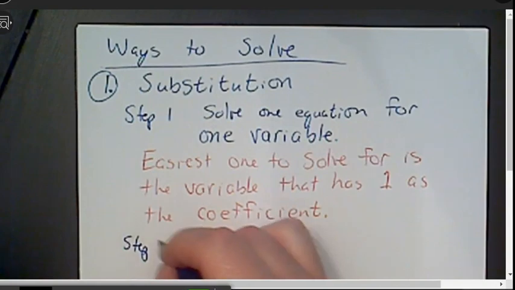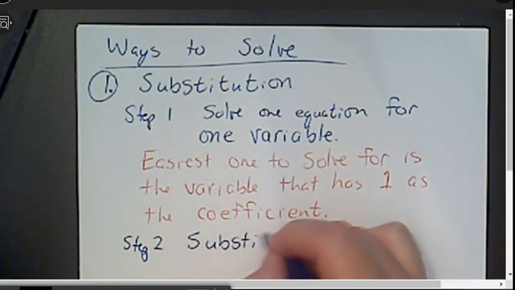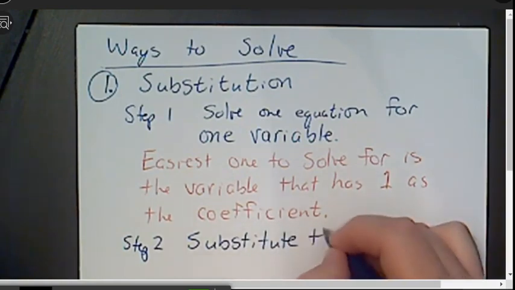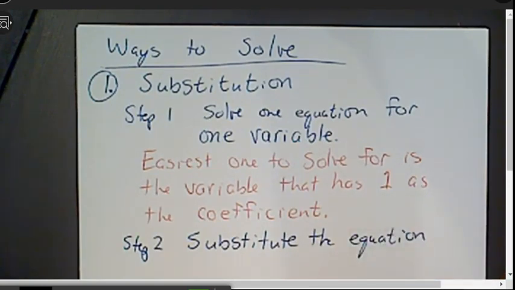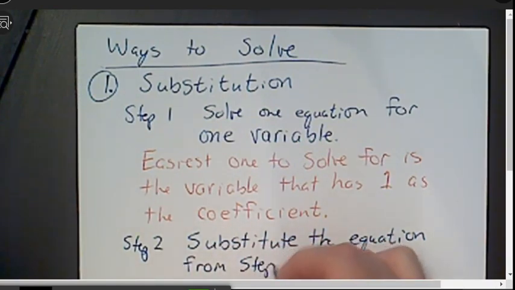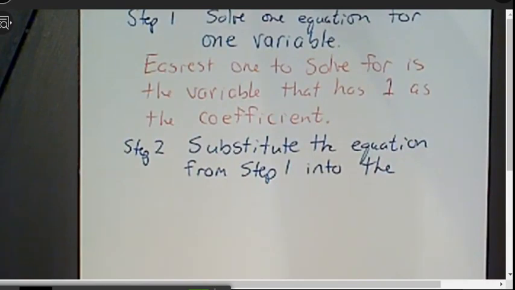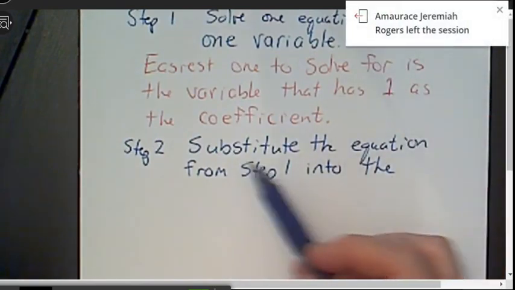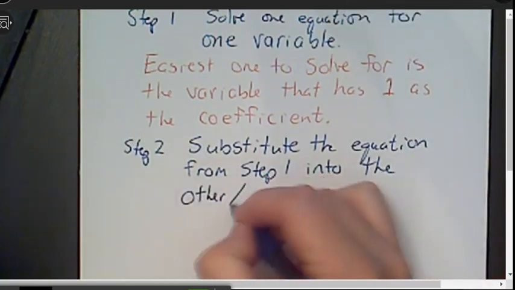All right, step 2 is what they call the substitution part. You're going to substitute the equation from step 1 into the other, or unused, equation. It doesn't really matter how you want to word it.